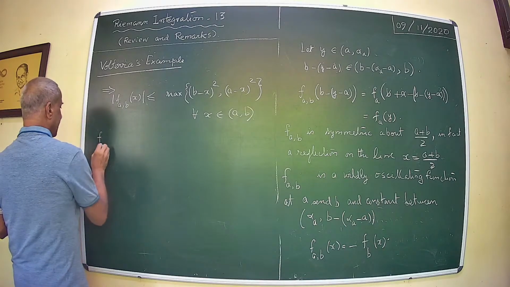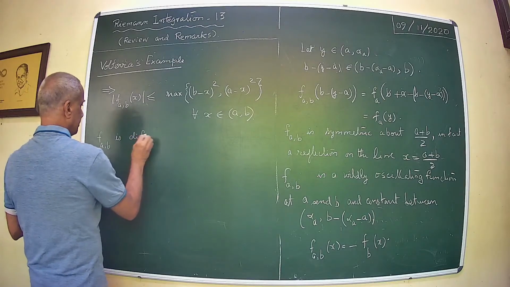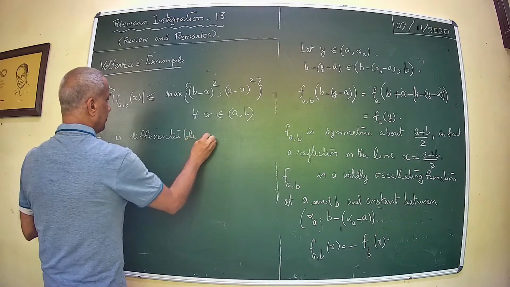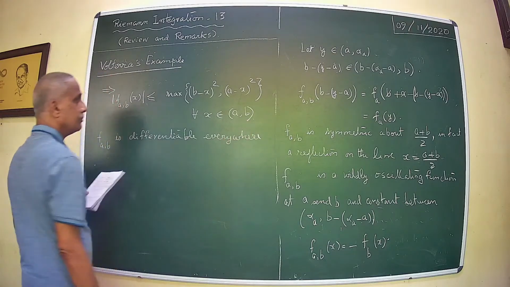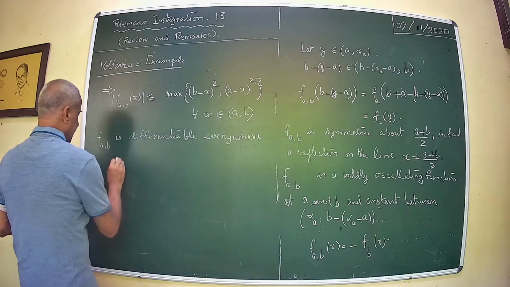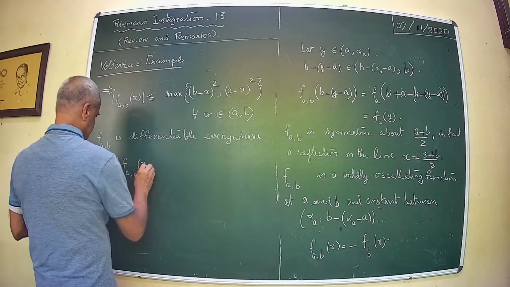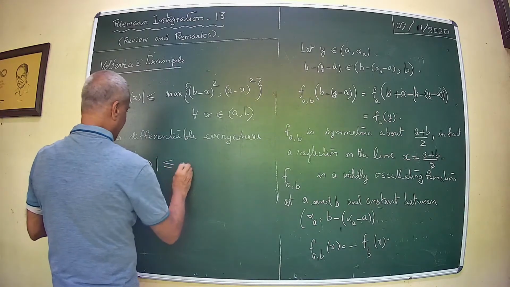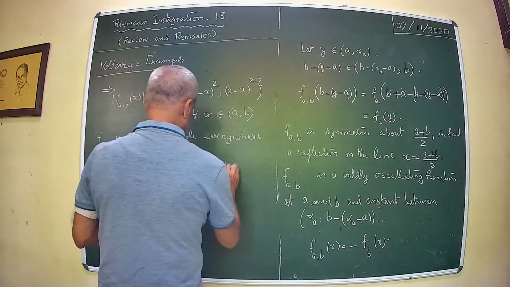We also observe that f_ab is differentiable everywhere. And you can compute the derivative easily, and you observe that |f_ab'(x)| is less than or equal to 2(b minus a) plus 1.